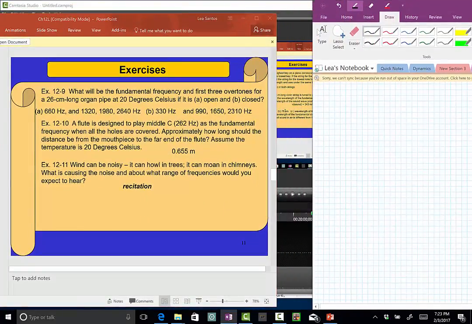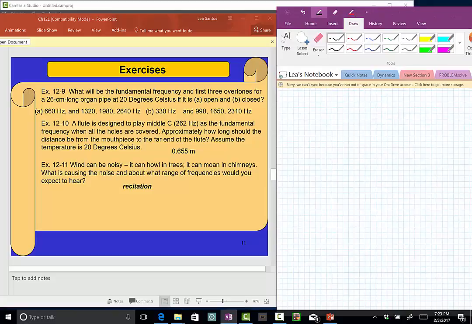We saw already the equations, so let's write them down. In the case where the tube is open, the frequency is equal to N times the wave velocity divided by 2L.